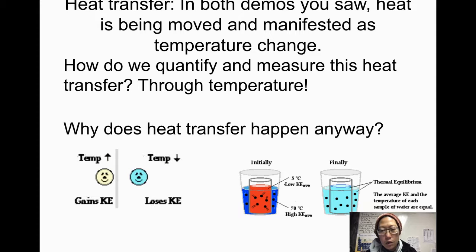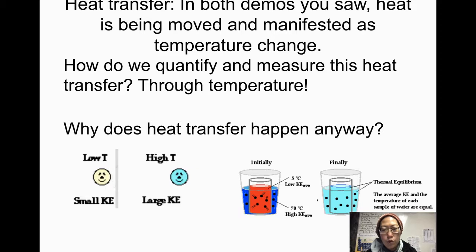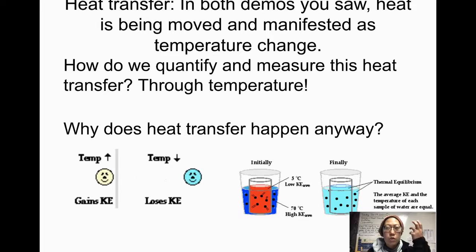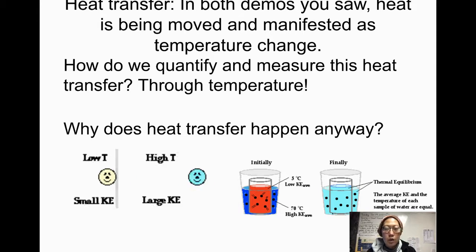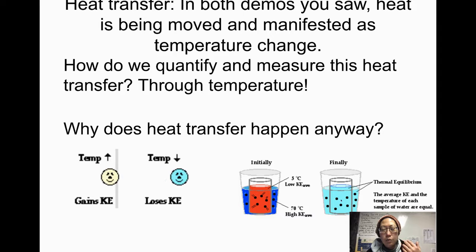So here again, if you put a colder container of water in a hotter container of water, eventually, you've all observed this, the temperatures stabilize, they stop changing, and you reach something called thermal equilibrium. And at that point, the average kinetic energy of those particles and the temperature is the same.